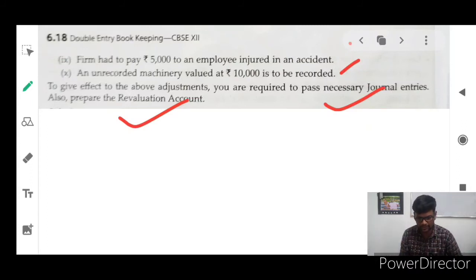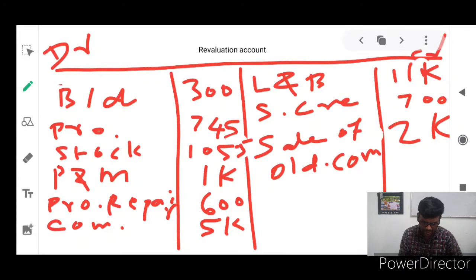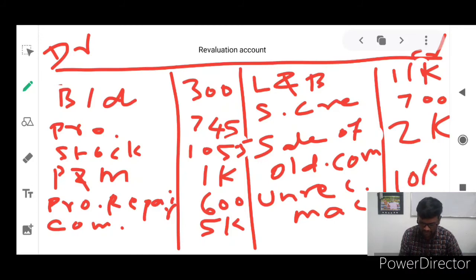That is 10,000 rupees. Now they are going to record it. Anyway, the asset is going to increase, isn't it? So asset increase means unrecorded machinery will be written on the credit side of the revaluation account. Unrecorded machinery, how much amount is it? 10,000 rupees, isn't it? 10k.